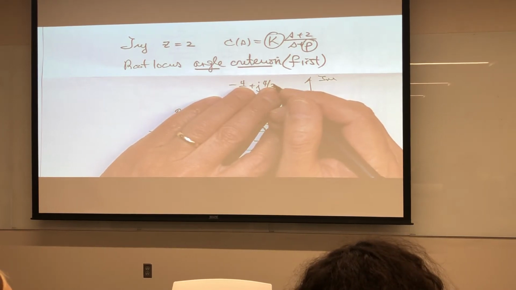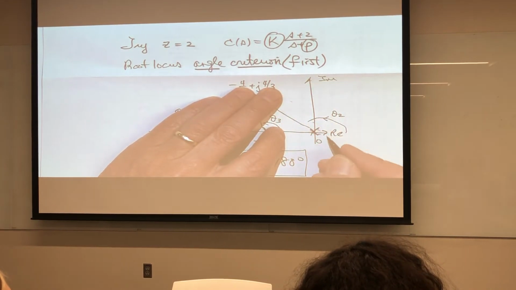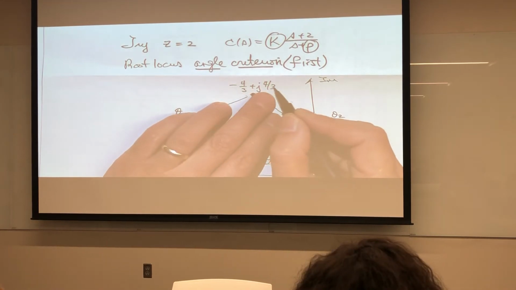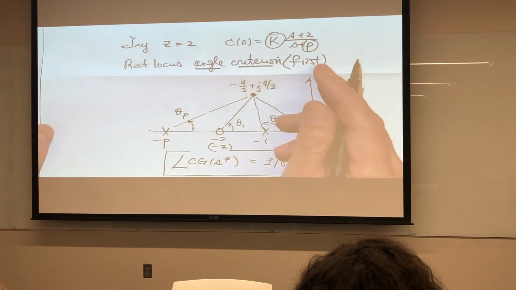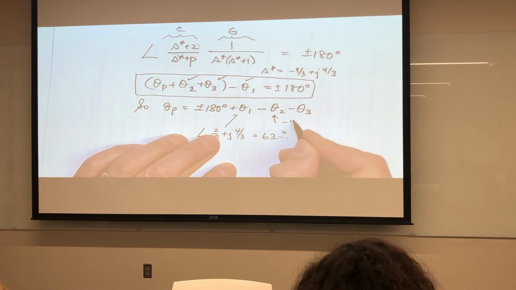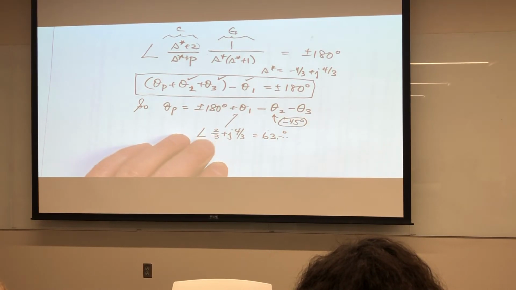What do you get for arctan? Negative 45. If you do your geometry that way, which is valid, it's the angle of imaginary part over real part, your calculator might say negative 45 degrees. Why did it do that?